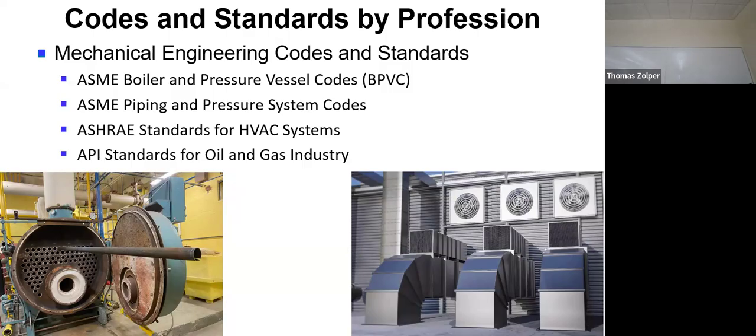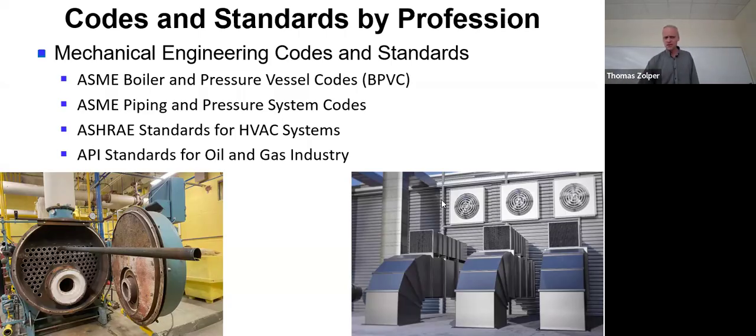They've got their boiler and pressure vessel codes, so the interior of a boiler that might be 6 to 8 feet in diameter of steel operating at 4,000 PSI or so. Likewise, heating, ventilation, and air conditioning systems: ASHRAE has a bunch of standards, some of which may graduate to codes, depending maybe at a state level, maybe at a national level, maybe at a local level as well.